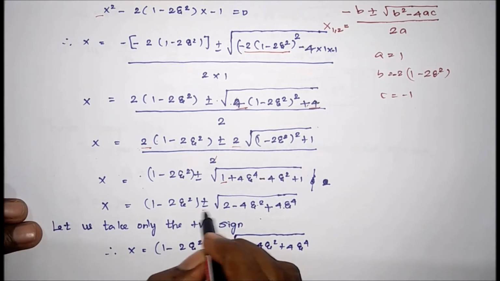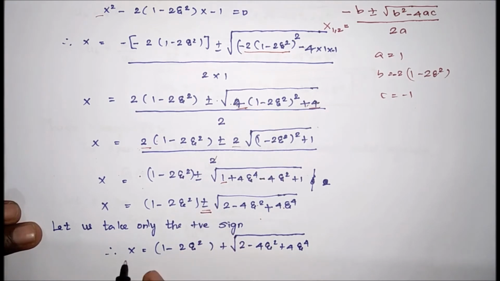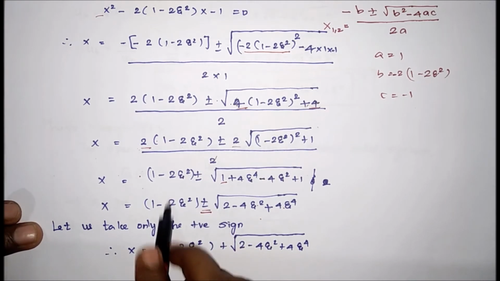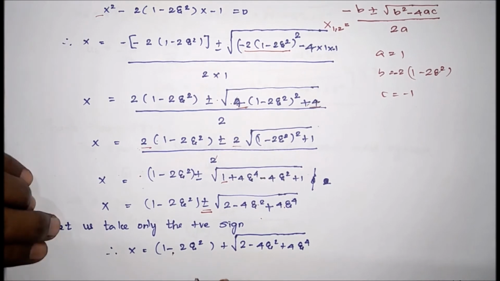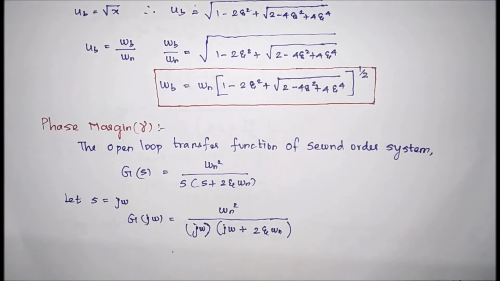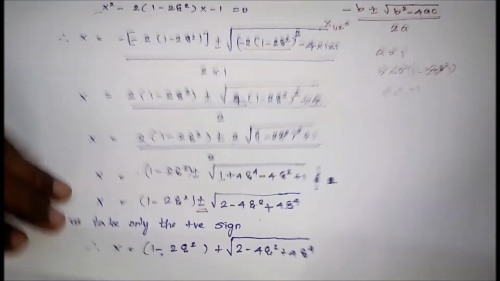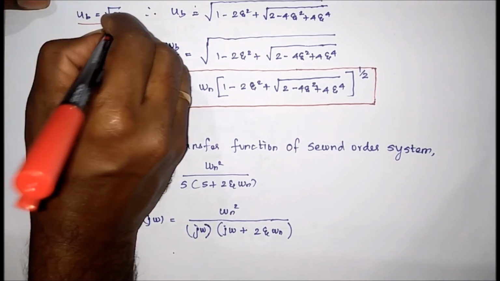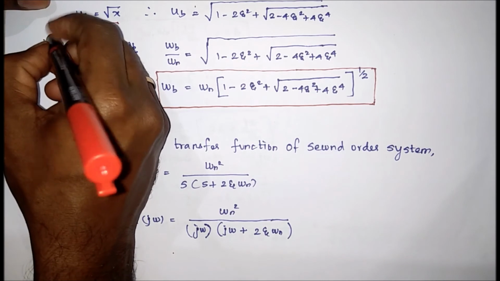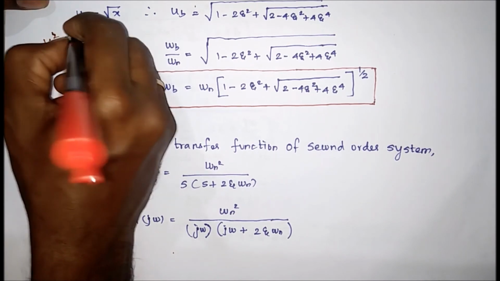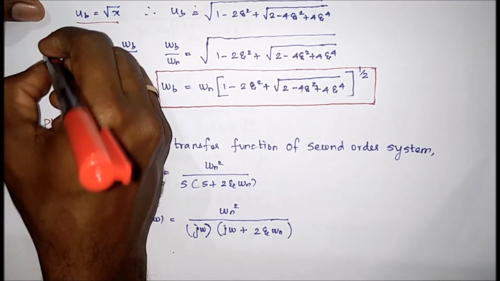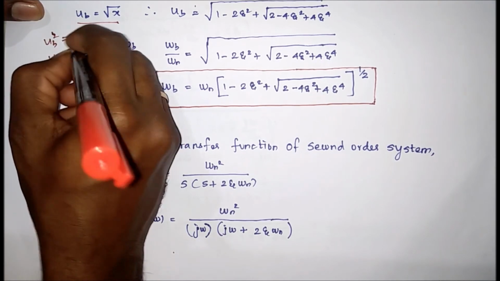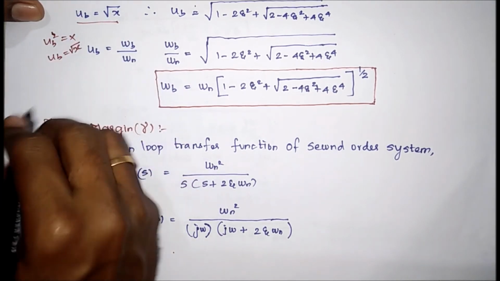So now from this we are going to take positive only. If we take positive only, the same equation will become like this. So for simplification we already considered ub square equal to x. So now to get ub we have to take square root of x.